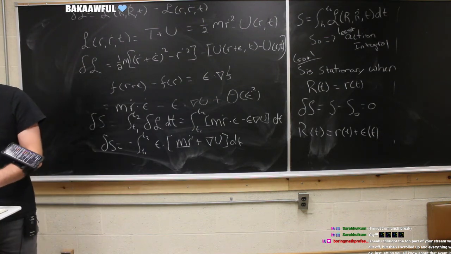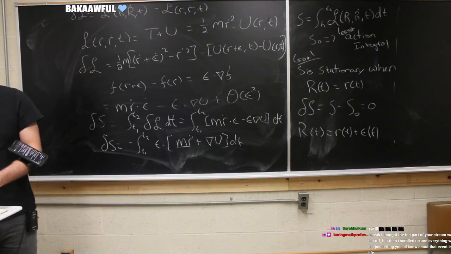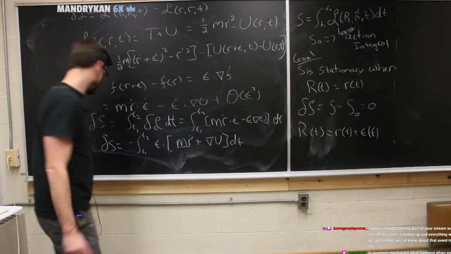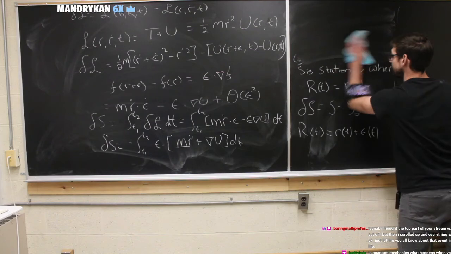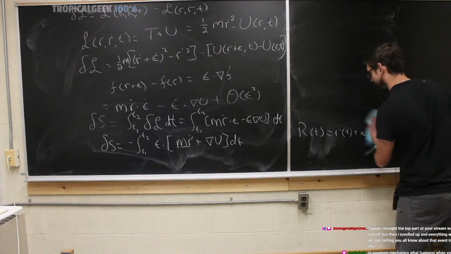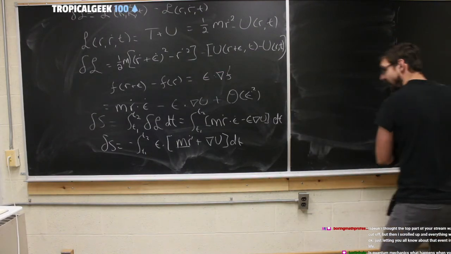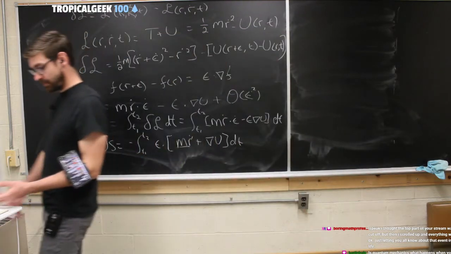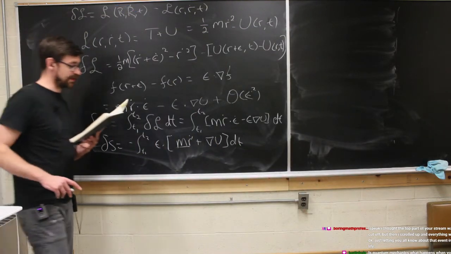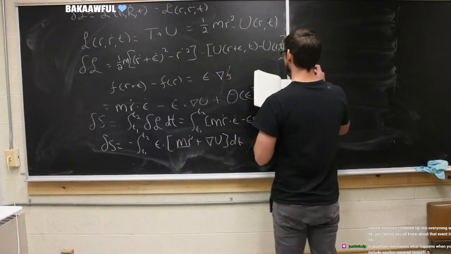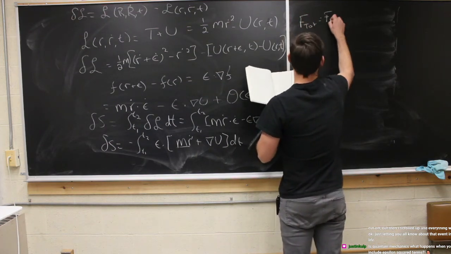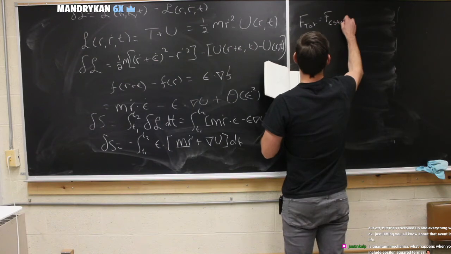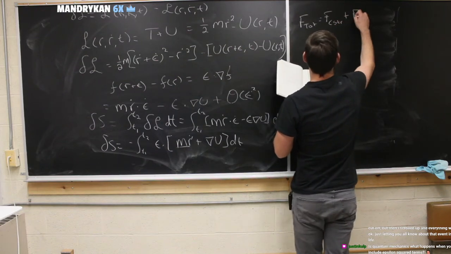We're almost done. If m r double dot is the total force, then what does that term become, you may ask. And I'll tell you. F total is equal to F, remember the constraining force, plus the force from the external objects.